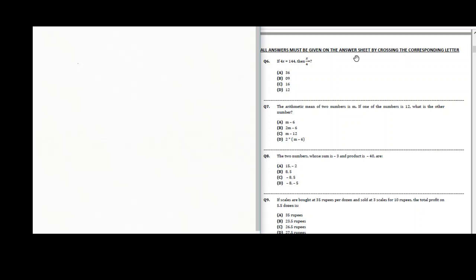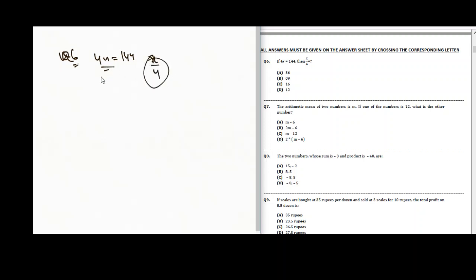Now coming to question number 6. Question 6 says 4x is equal to 144. What do you have to find? You have to find x over 4.